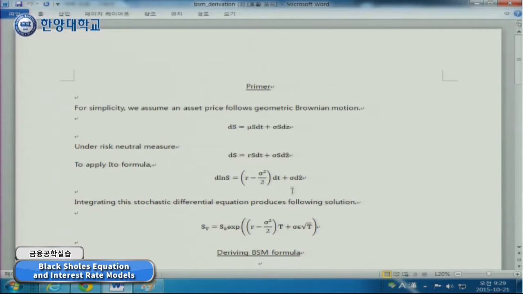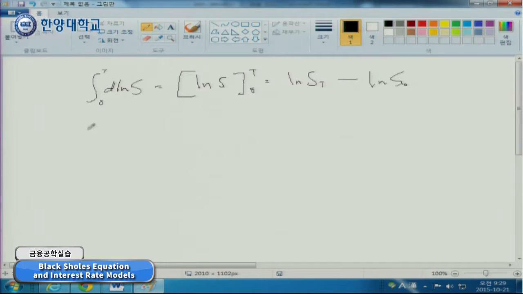Okay, and for another part of this term, we are integrating sigma dz hat from 0 to T, and we pull this sigma out, so sigma times the integral of dz hat.